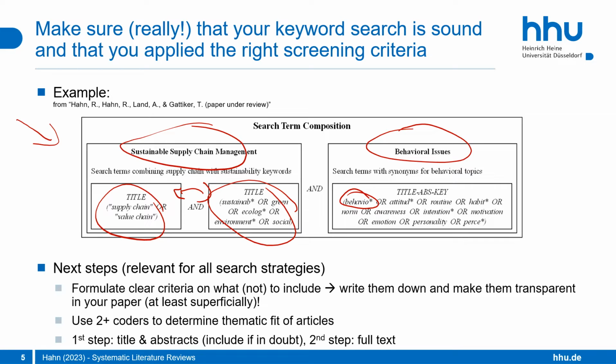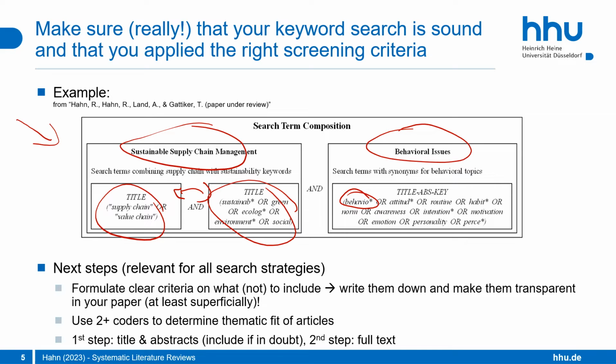In this case, you have to arrive at a consensus. You really need to talk about why person A thought that article is relevant for your review and person B thought it was not relevant. If that's the case, you really need to find a solution to improve the quality of your decisions. That is really, really important from my experience. So try to include more than one coder for the thematic fit of the articles.